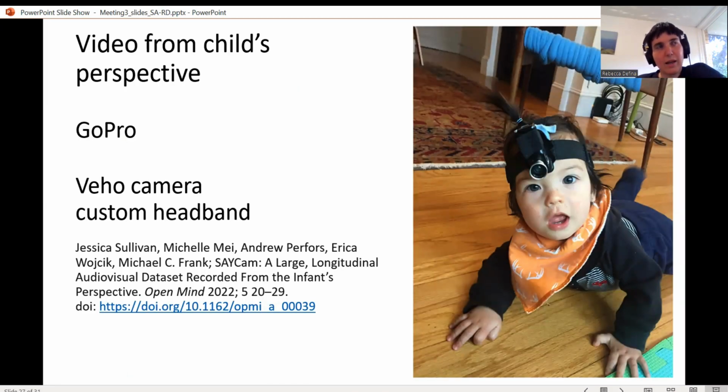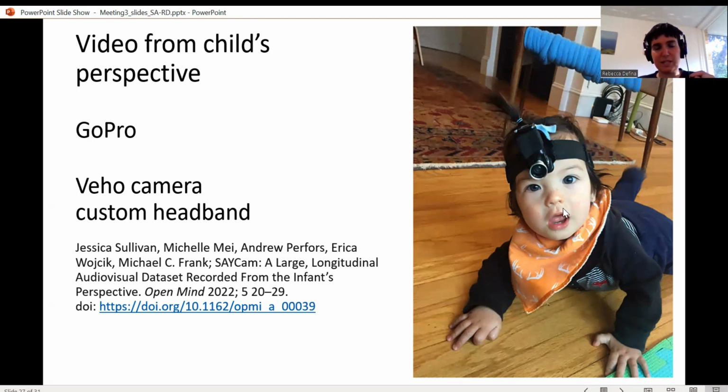Another option, either instead of a separate stationary video camera getting the whole scene, or as well as, is to get visual data from the child's perspective. And this can be done in a few ways. I've seen it done with GoPros. There's also this paper, Sullivan and colleagues, where they used VHO cameras.